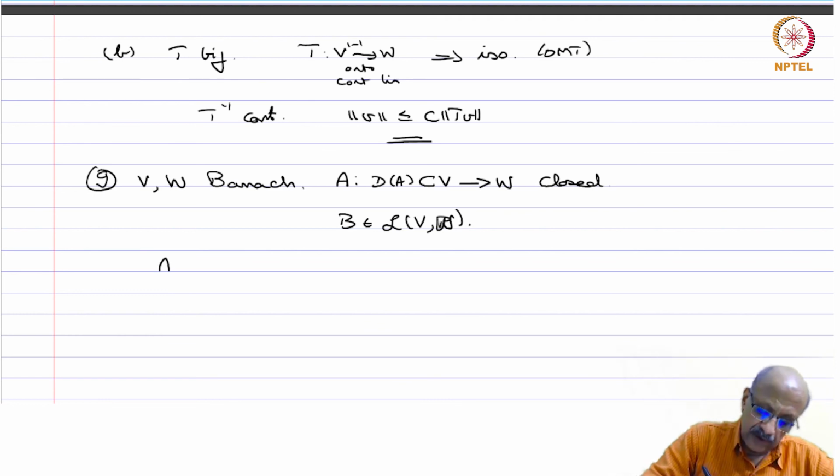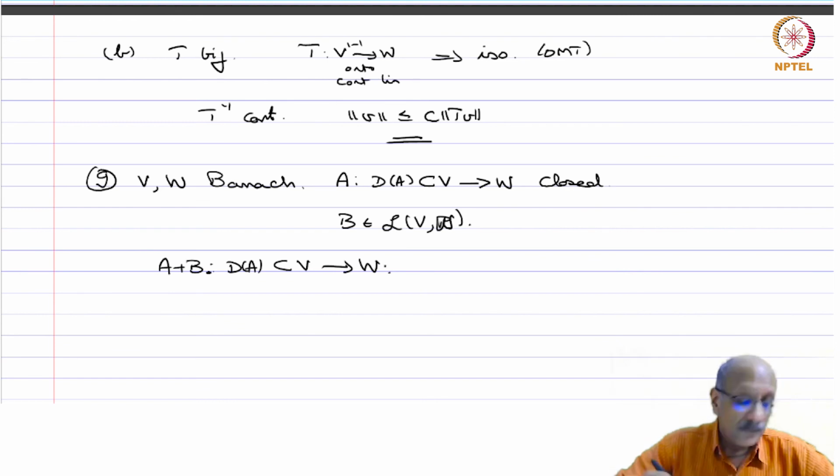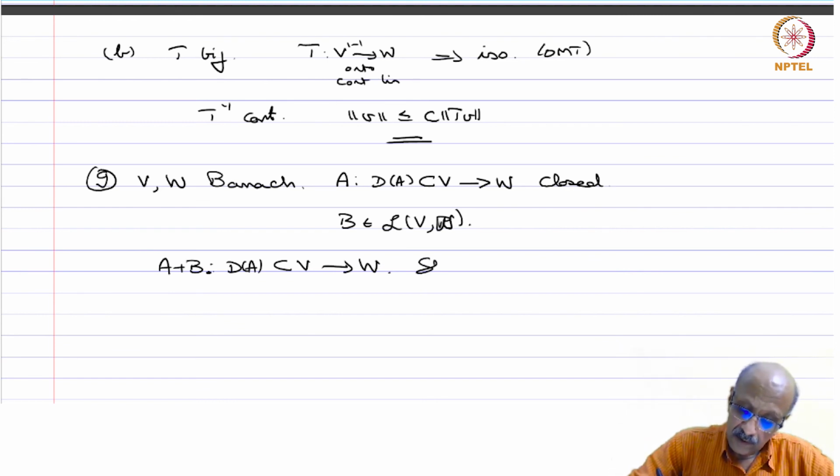Then you can define A plus B on the domain of A, because A is defined on D(A) and B is defined everywhere. So A plus B is defined there, taking values in W. Show that A plus B is closed.